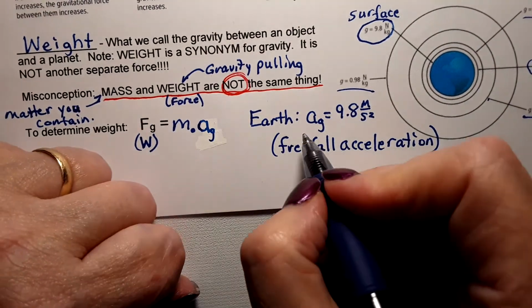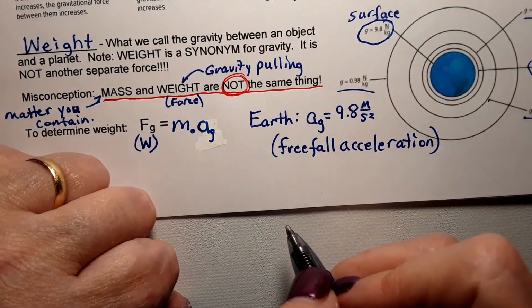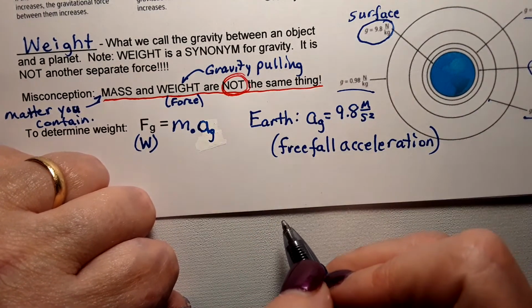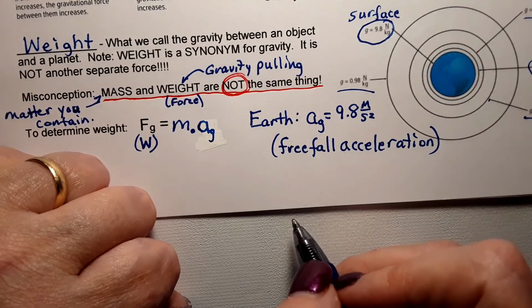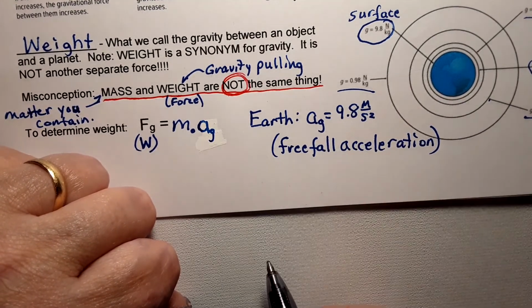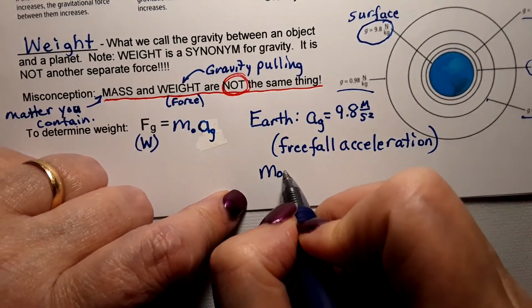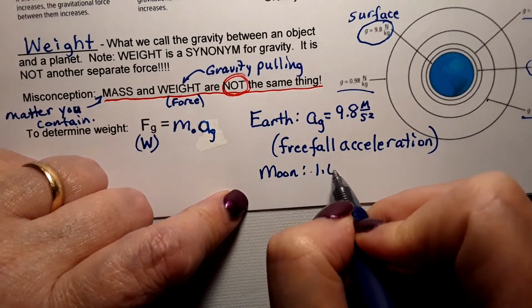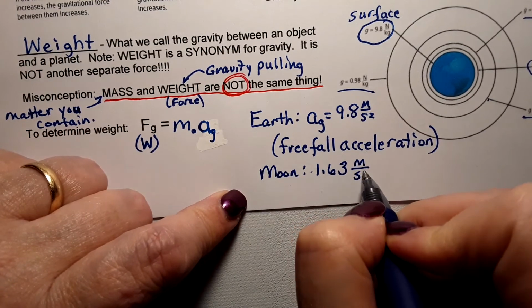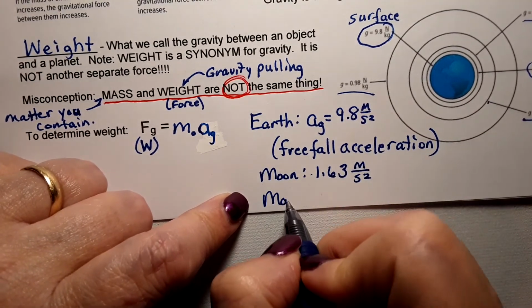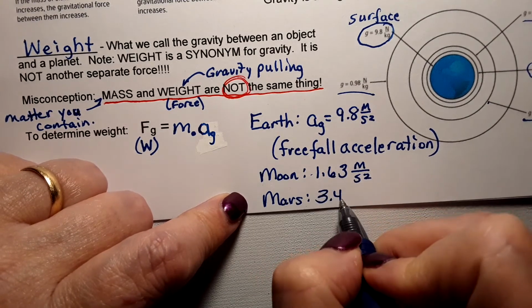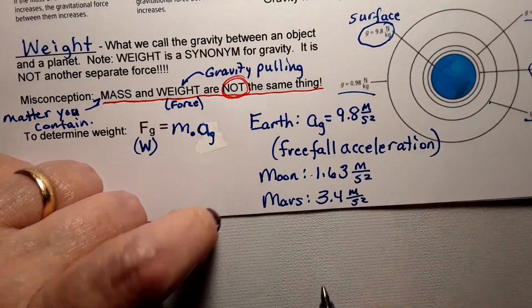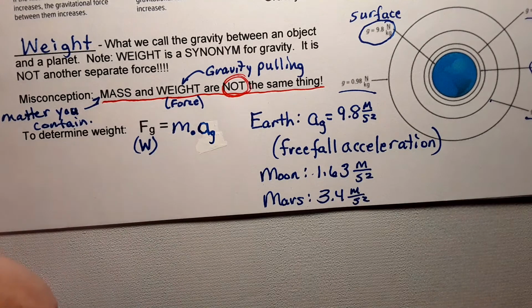Free fall is what an object does when the only force acting on it is the gravity from the planet. And the acceleration you have in free fall is this one on Earth. On the moon, the value is 1.63. And on Mars, the value is about, I want to say 3.4 if I remember correctly. And I think on Jupiter, a huge planet, it's like 25 something.